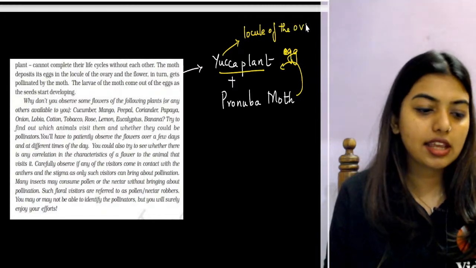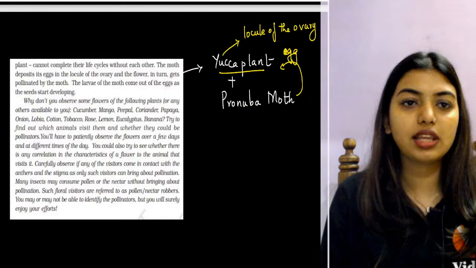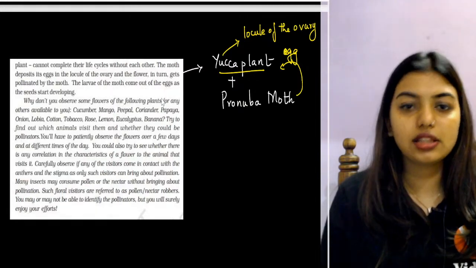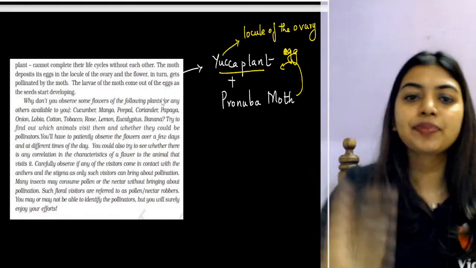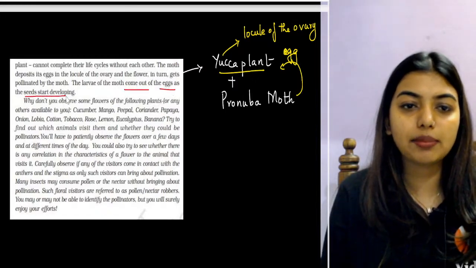So this is like a safe place where they can keep the egg safe, and this yucca moth also will help. Now the larvae of the moth will come out of the eggs as the seeds start developing.